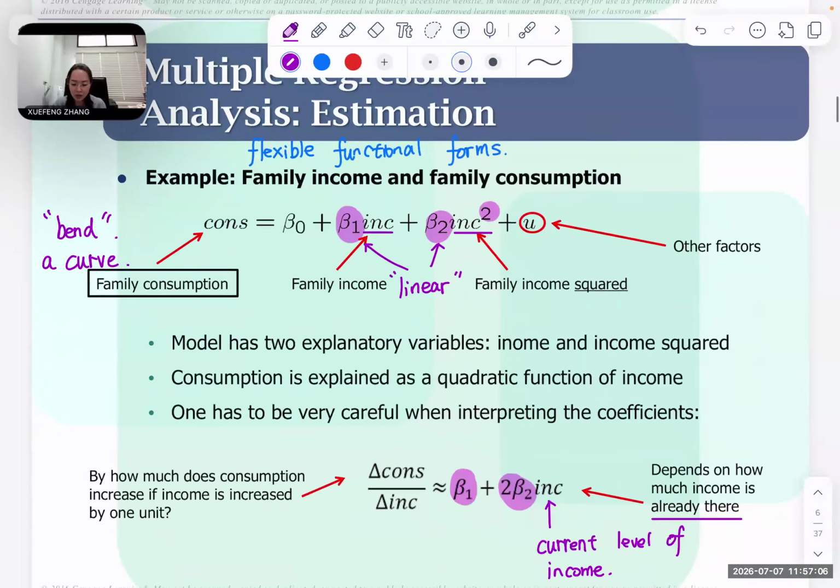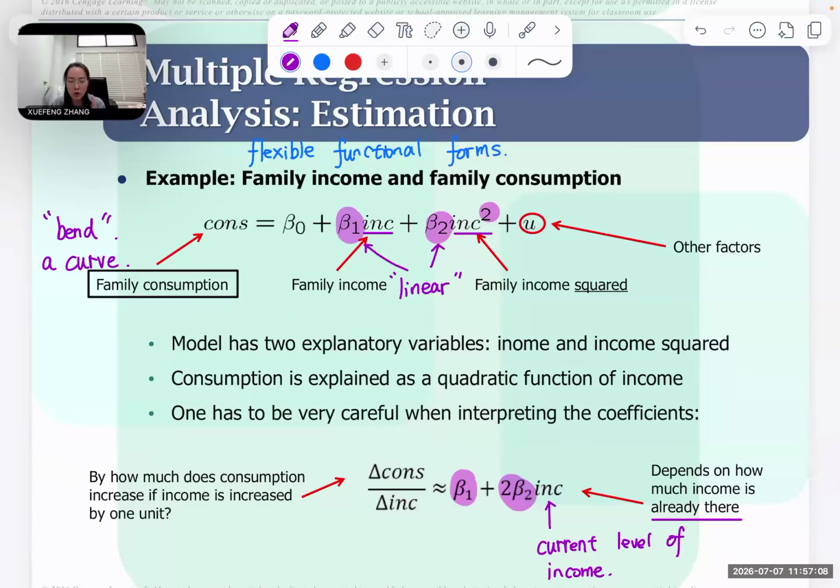Okay, so the golden rule for the quadratic model, because here is the quadratic term: never, okay, never interpret beta 1 or beta 2 alone. Always compute the marginal effect, like beta 1 plus 2 beta 2 times income, at a meaningful value of income.